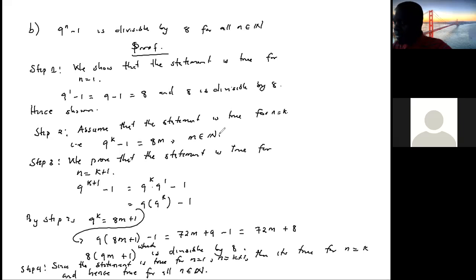Because it was an assumption, we need to show its validity. You can't just assume something and say it works. We showed for n equals 1 and n equals k plus 1.